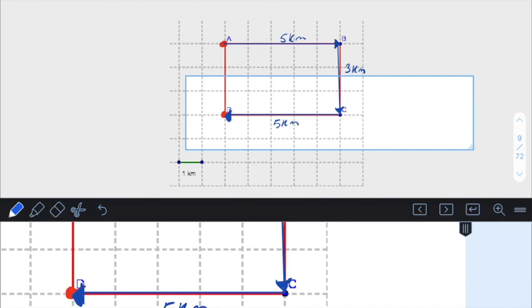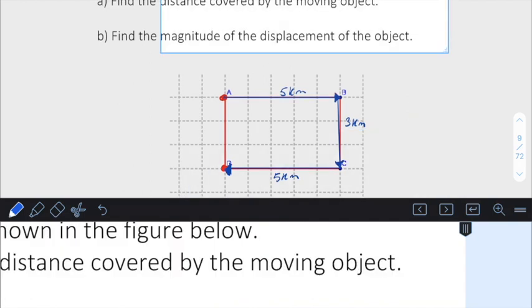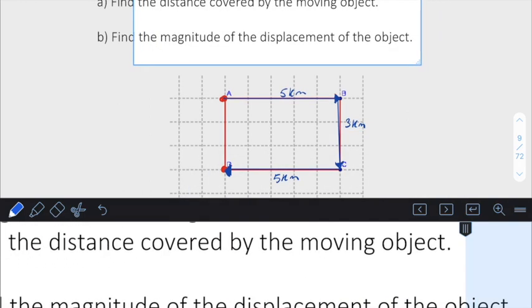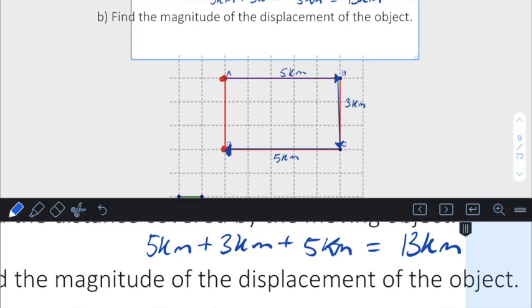Now, when we're doing displacement in 2 directions, it becomes a little bit different. But we're going to be able to skip around a little bit in this first example. So we have 5 kilometers plus 3 kilometers plus 5 kilometers to give our total distance equal to 13 kilometers. No direction included, right? Find the magnitude of the displacement of the object.